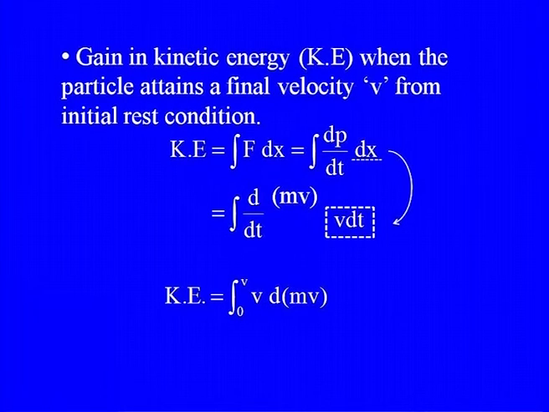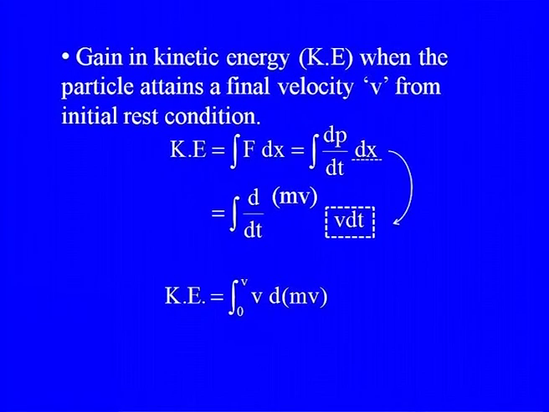Now why is that? So v being the velocity of the body, that's equal to dx by dt, and then we have just replaced dx as v dt, right? So what does the expression for the kinetic energy boil down to?